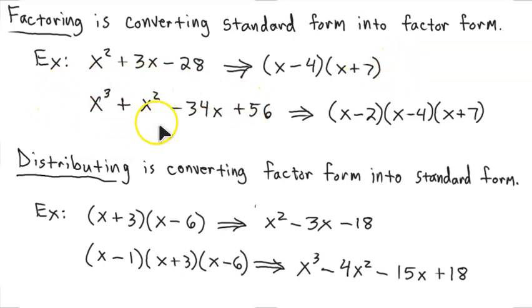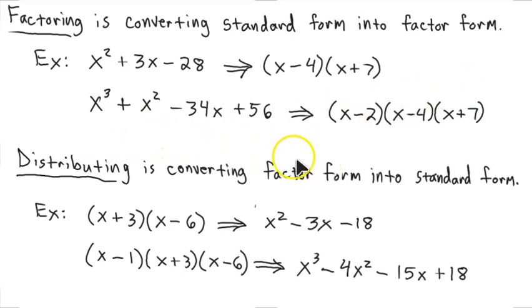We can also go from a third power polynomial, see third power right here, we would call it a third degree polynomial, into 3 factors. Look, x times x times x is x to the 3rd power. And so typically, whatever the power is of your polynomial, that's usually how many factors you'll have. And so when we convert from the standard form into 3 factors, that's called factoring.